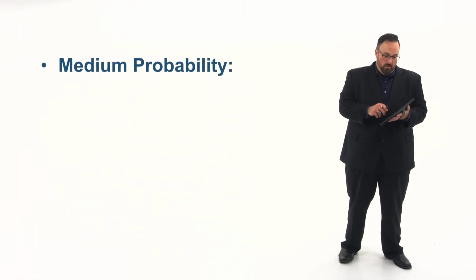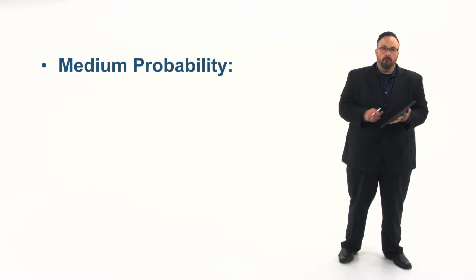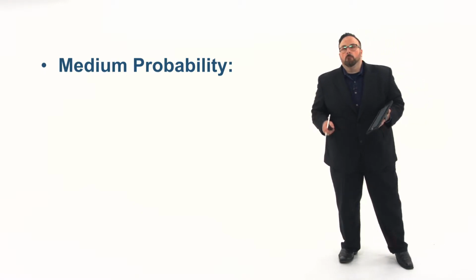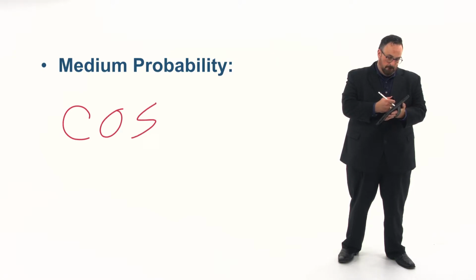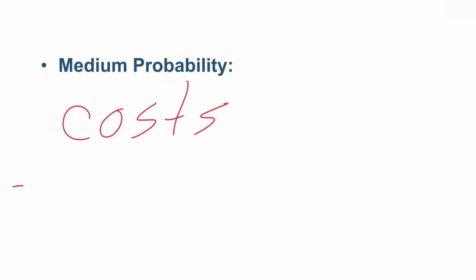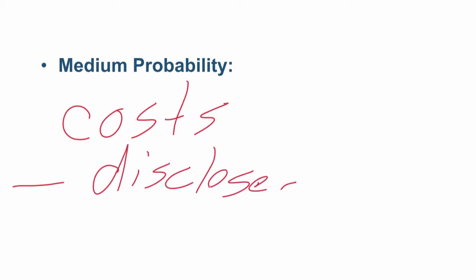Now we have medium probability. Medium probability is comprised of costs, again, that must be disclosed in statements if the contingency is probable.